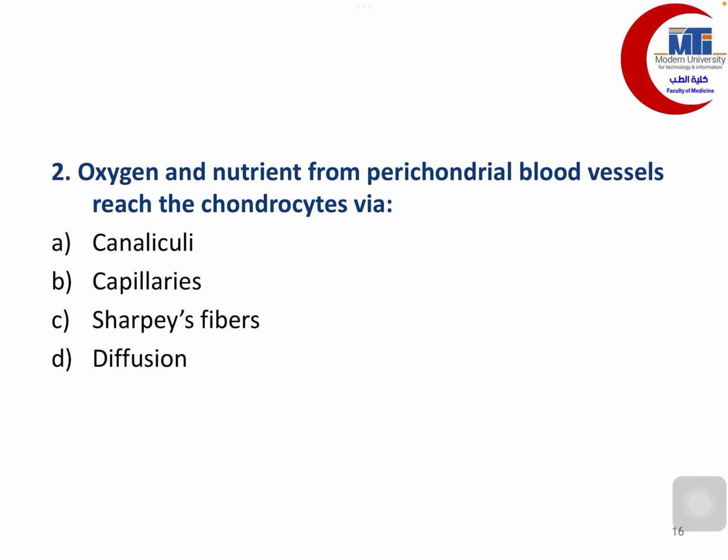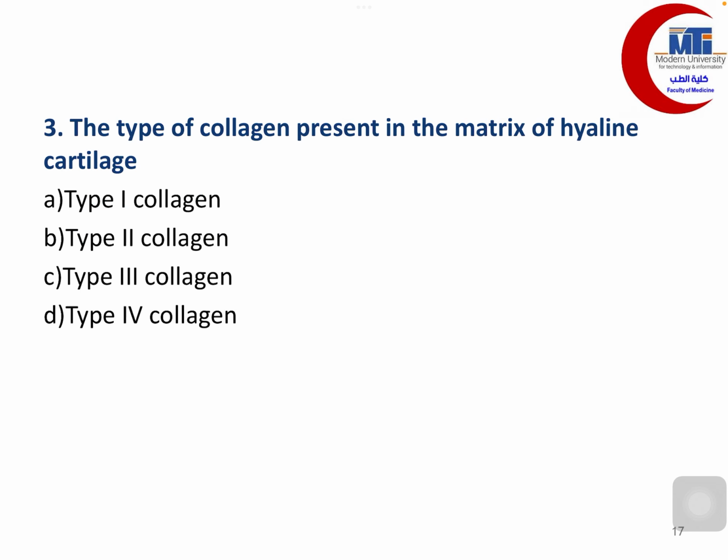The oxygen and the nutrients from the perichondrial blood vessels reach the chondrocytes via, we have mentioned this before, diffusion, to chondrocytes inside their lacunae, entrapped inside the cartilage matrix. The type of collagen present in the matrix of hyaline cartilage is type 2 collagen.